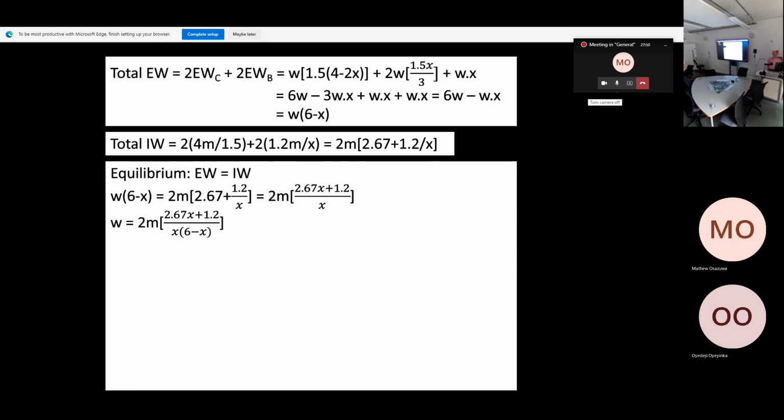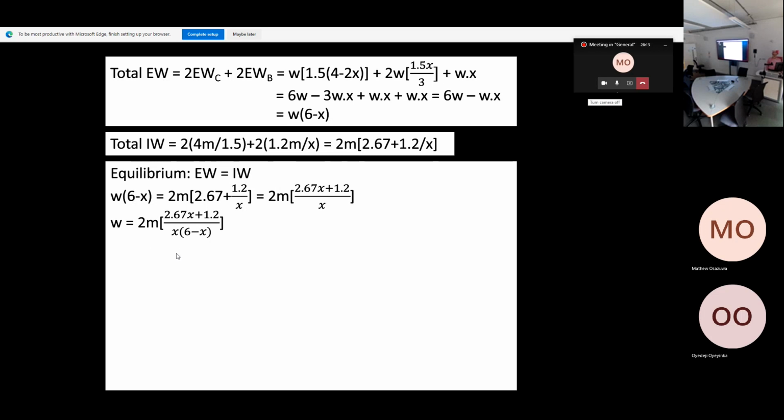And then you can manipulate this here. You get 2.67X plus 1.2 over X. And then I'm going to take the 6 minus X down here to give me W. So W is 2M times this term divided by 6 minus X. Is that clear?